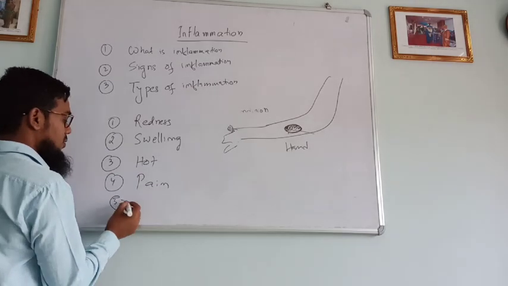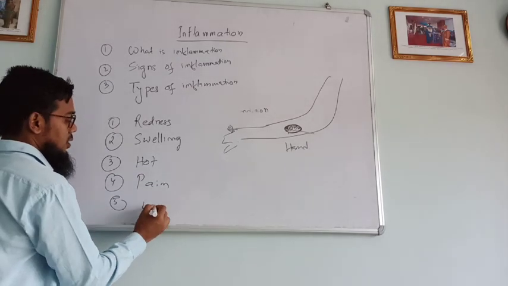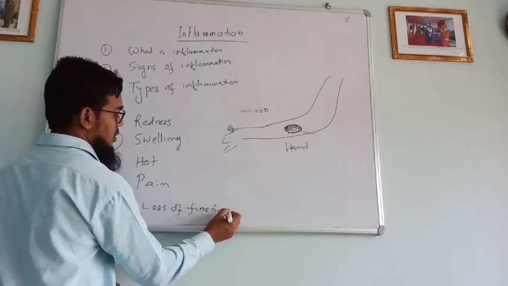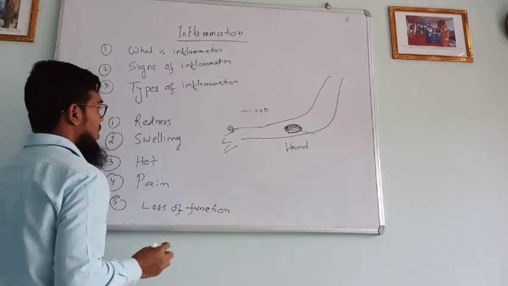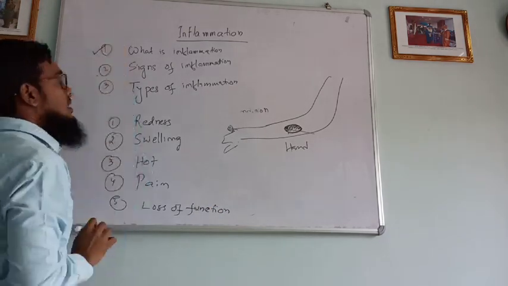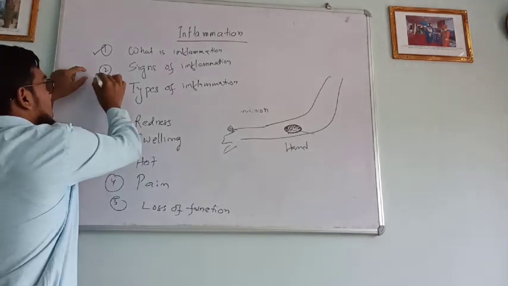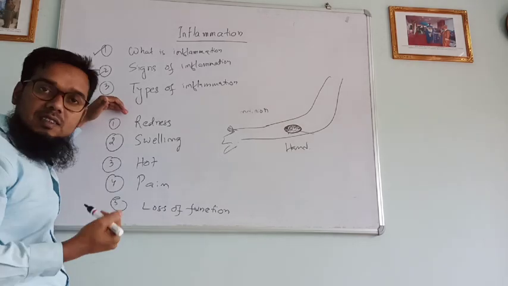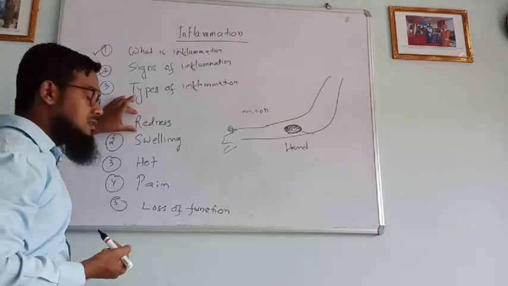And next, if more inflammation occurs, loss of function of that organ, loss of function. So the first one is over, we understood what is inflammation, and the signs of inflammation are the same things we discussed in the definition. Redness.